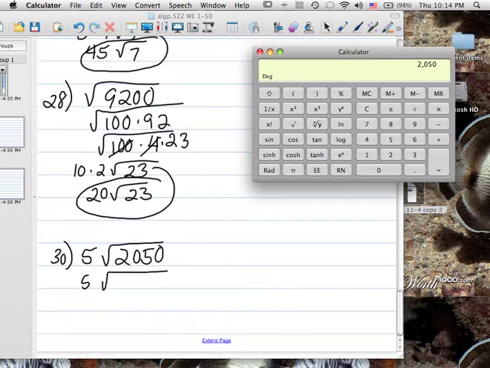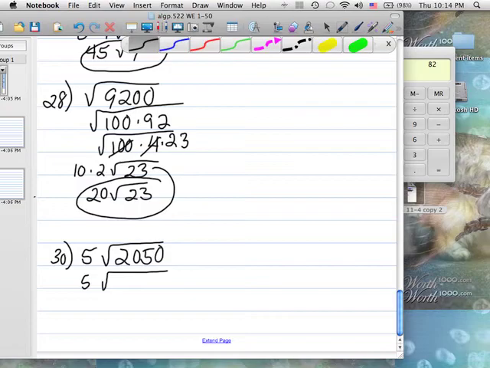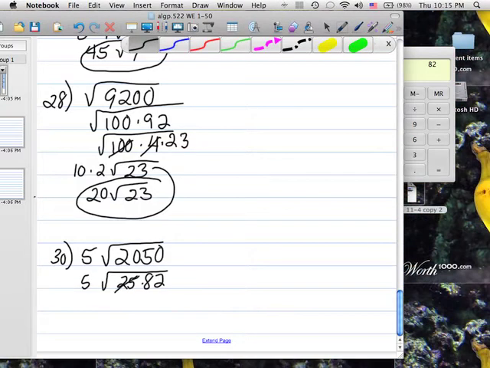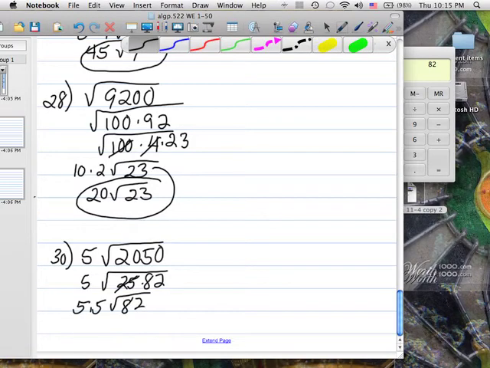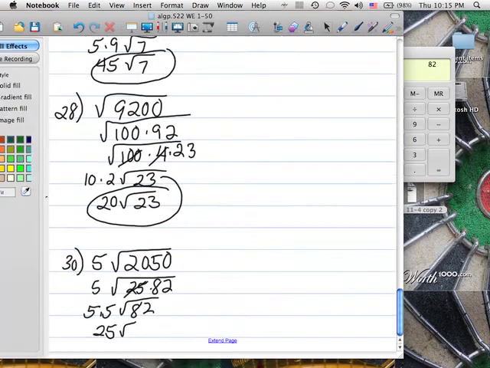So 2,050 divided by 25. It works. So it's 25 times 82. So the square root of 25 is 5, so we get 5 times 5 radical 82, which is 25 radical 82.